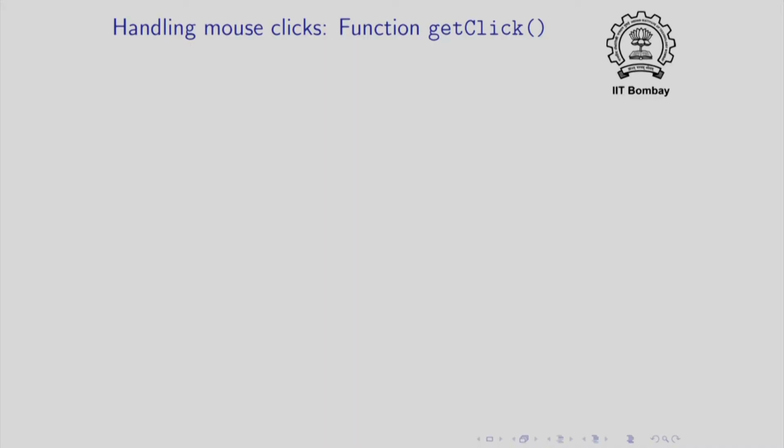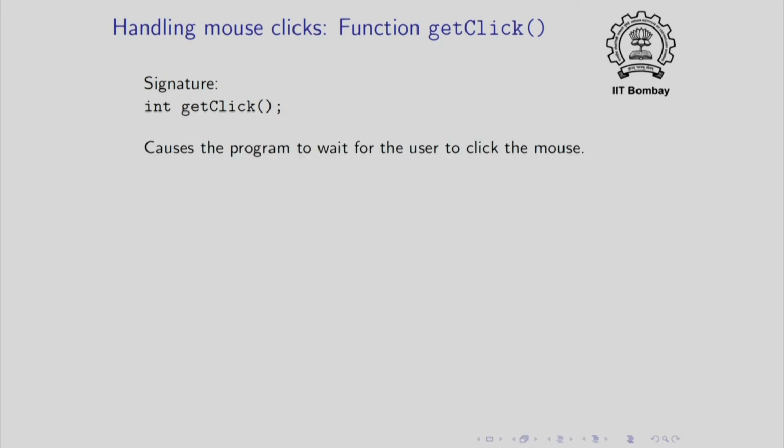There is a very simple function provided in simple CPP called GetClick, which allows you to handle mouse clicks. Here is its signature. GetClick takes no arguments and returns an integer. First of all, when you call GetClick, it will cause the program to wait for the user to click the mouse.